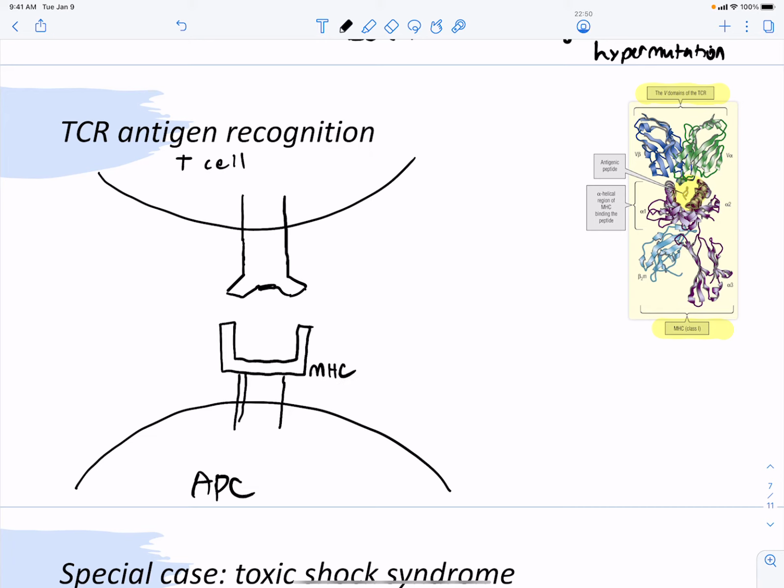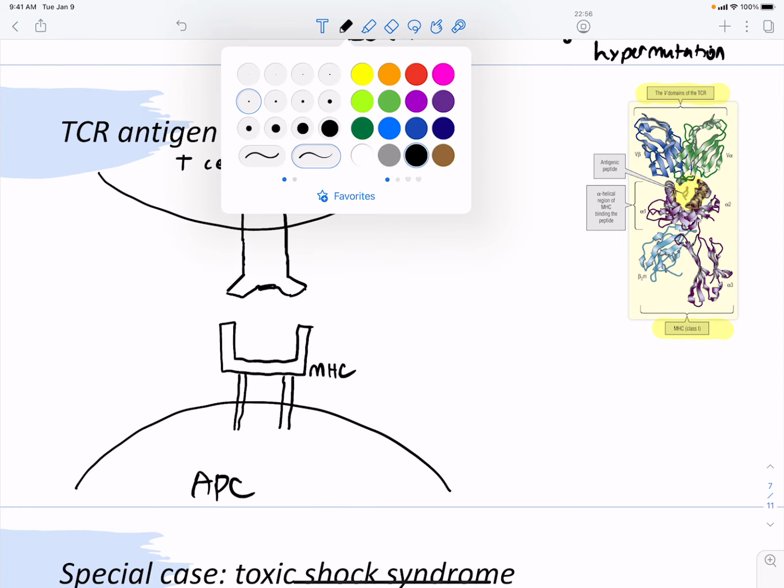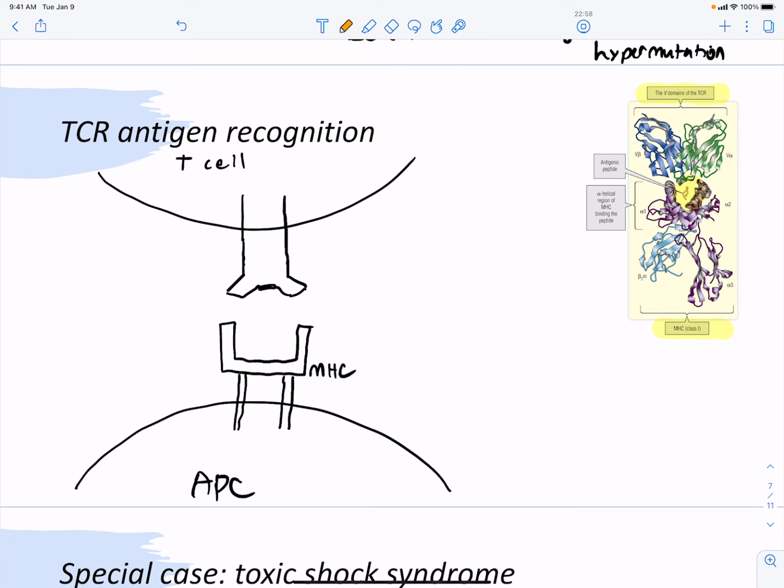And the MHC is membrane bound, the T cell receptor is membrane bound, and the MHC molecule is going to have a peptide that the T cell receptor will recognize. What's important though is that the T cell receptor is also going to recognize the MHC molecule.